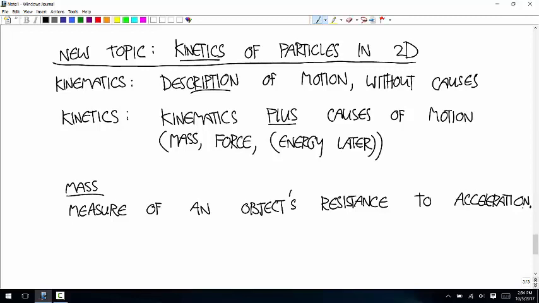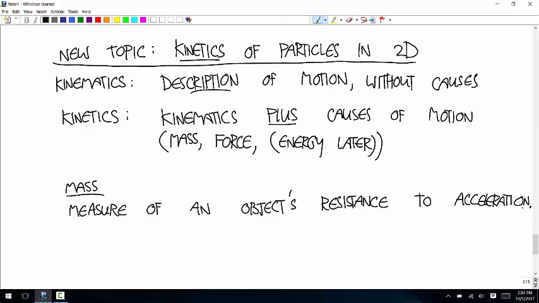If you take any two objects and isolate them from other forces, say on rolling things that don't weigh very much and don't have much friction, and bounce them against each other, the object that has more mass is going to accelerate less.